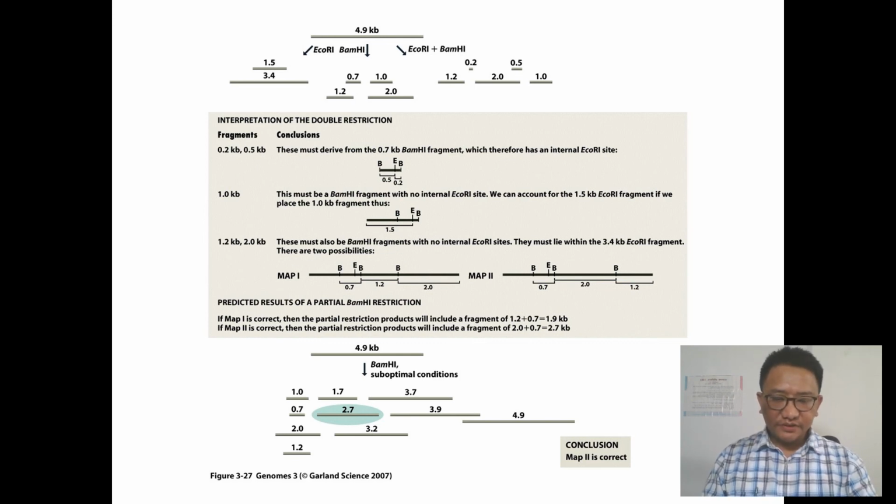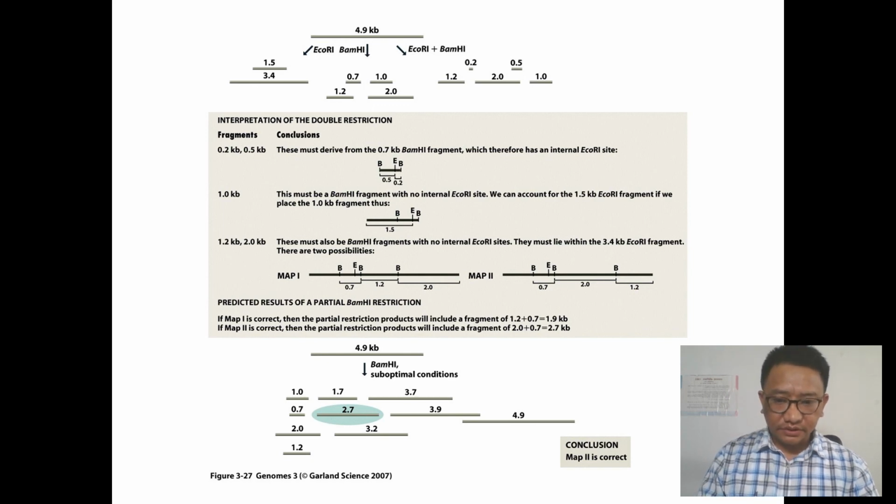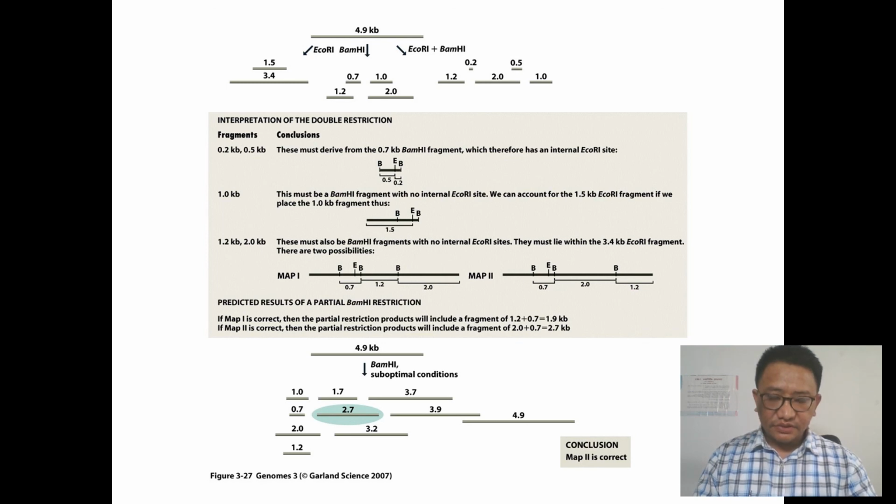For this kind of situation, the digestion products of suboptimal condition, or partial digestion, come to the rescue. You can see here, if map 1 was correct, then the partial restriction product will include a fragment which is 1.2 kb plus 0.7.